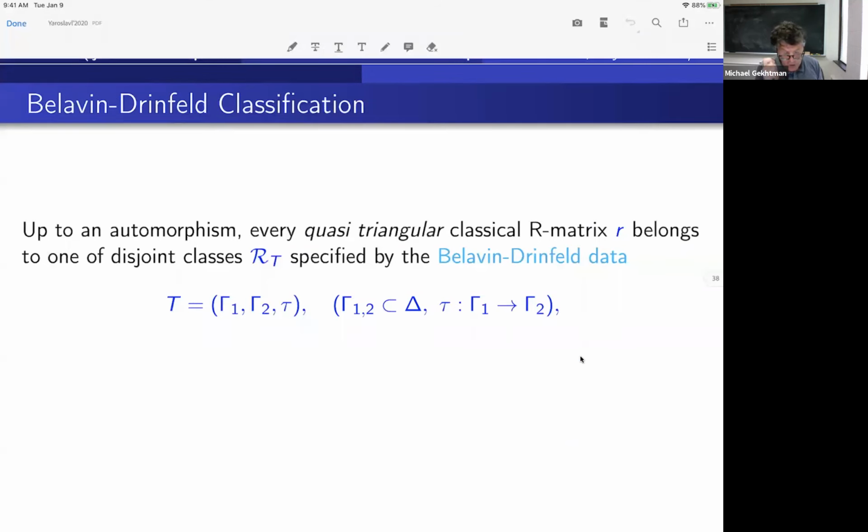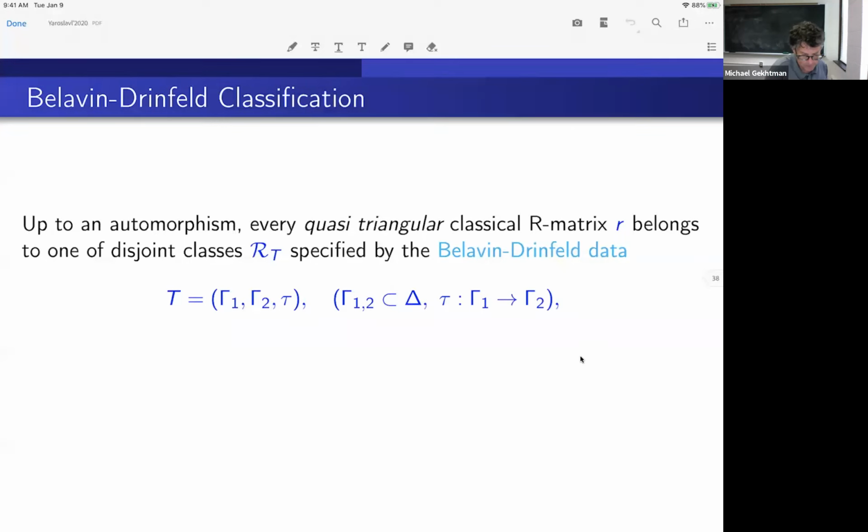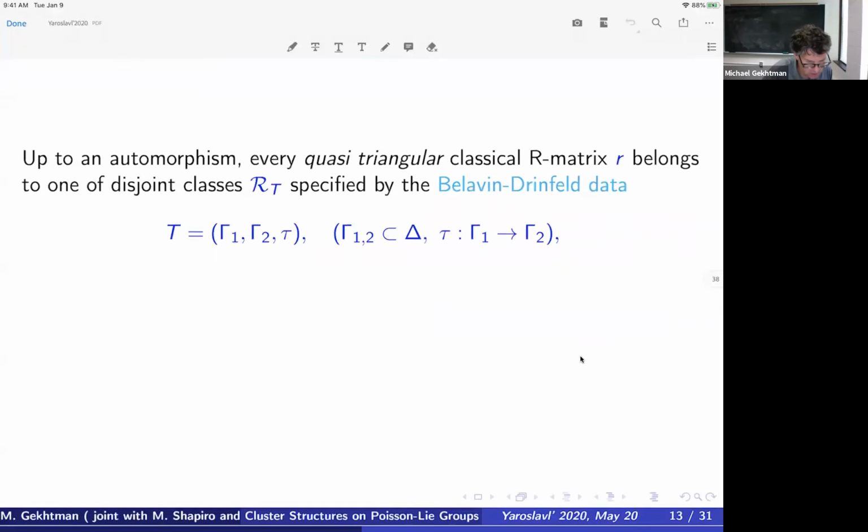The first disclaimer is that in general, even if you take SL2 and pick a simple Poisson-Lie structure, defined, say, by the simplest possible triangular R matrix, you may not be able to find a log canonical coordinate system which is given by rational functions in natural coordinates. But in the case of Belavin-Drinfeld data, you can, and so let me talk about this a little.